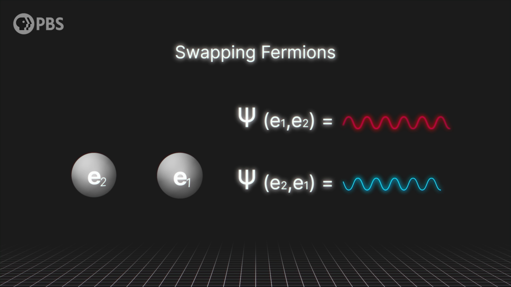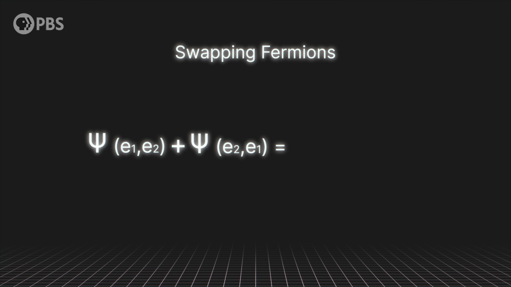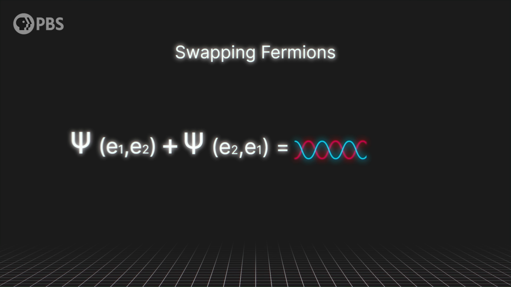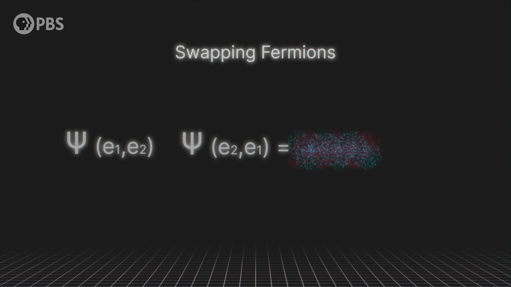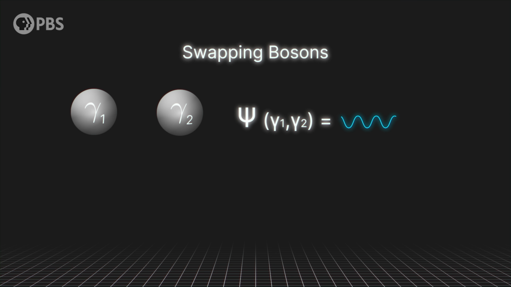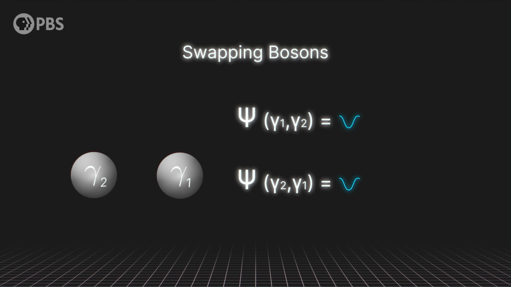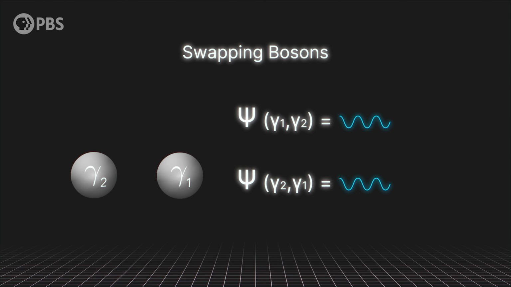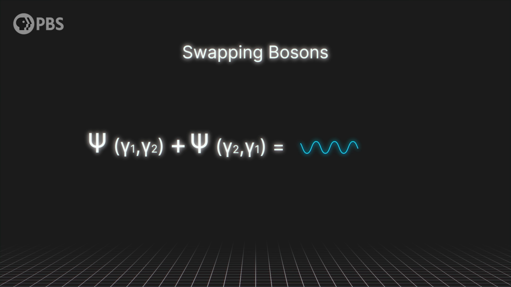That means if both fermions are in the same state, then a superposition of swapped and unswapped wave functions cancel out, causing the wave function to vanish. Quantum mechanics forbids this. So instead, a type of force appears to arise preventing fermions from overlapping. That's our quantum pressure. On the other hand, swapping a pair of bosons leaves the combined wave function unchanged, so you could have a superposition of pairs in the same state without any problems.